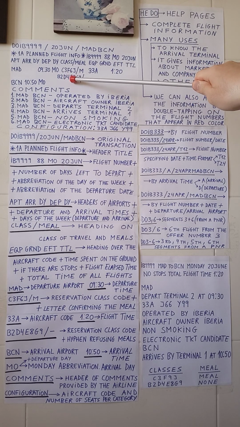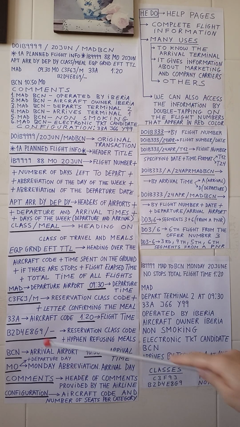B2, D4, E8, G9, and the hyphen, here, is the other code of the other booking class that exists from Madrid to Barcelona. The hyphen, this hyphen that appears after the bar, tells us that the class B2, D4, E8, G9 doesn't include food in the trip.